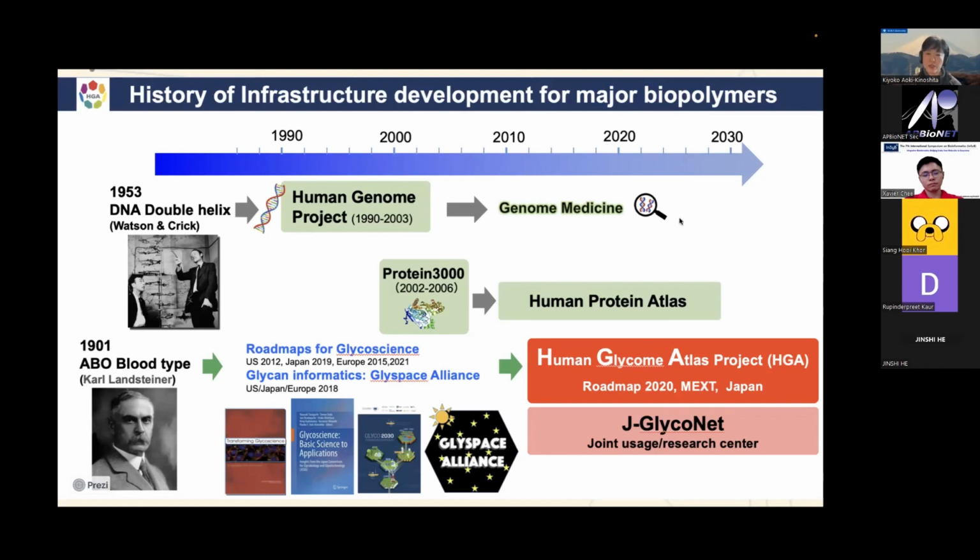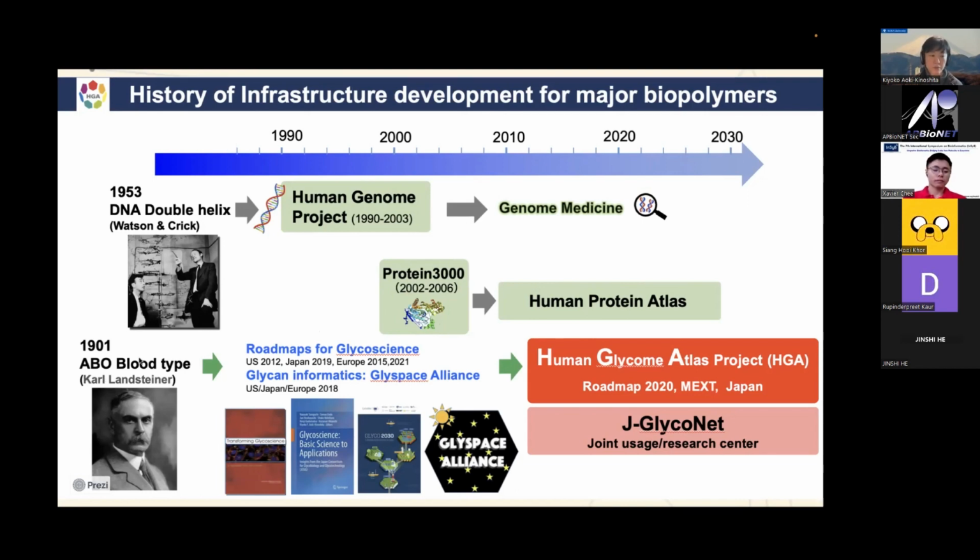And now that's really contributed a lot to genomic medicine and precision medicine and customized medicine. There was the Protein 3000 project in the early 2000s, and now there's a Human Protein Atlas, which has lots of information about human proteins from different perspectives, single cell, tissue level, etc.